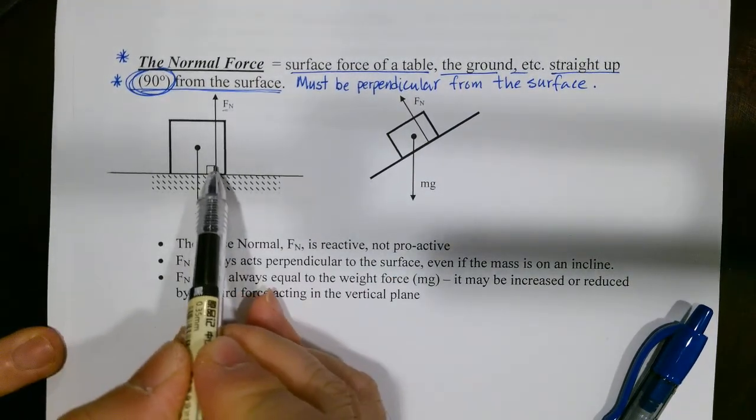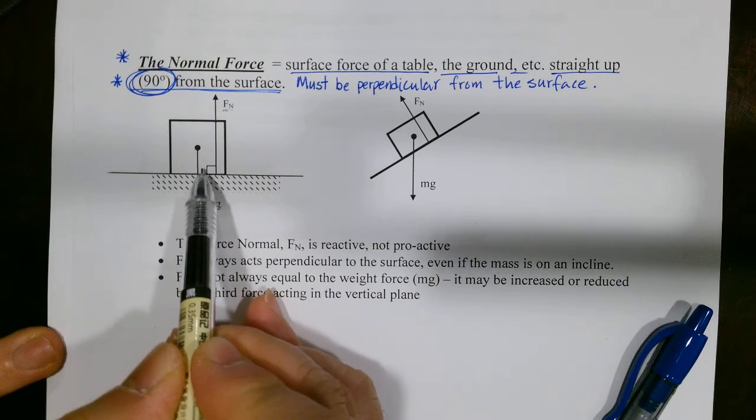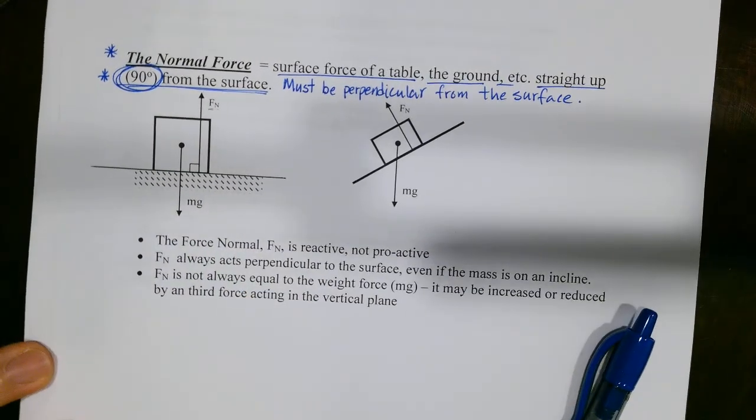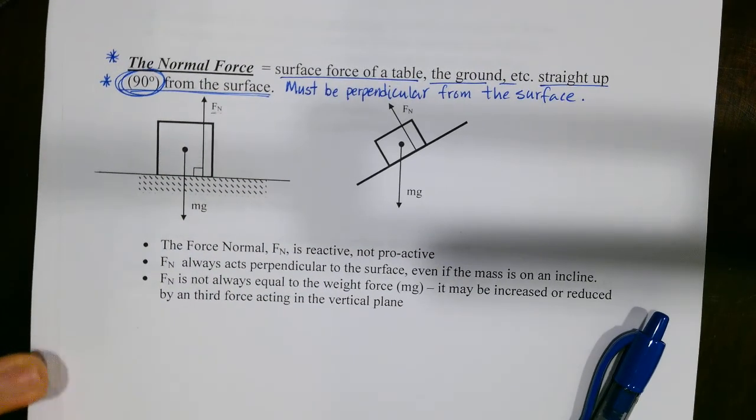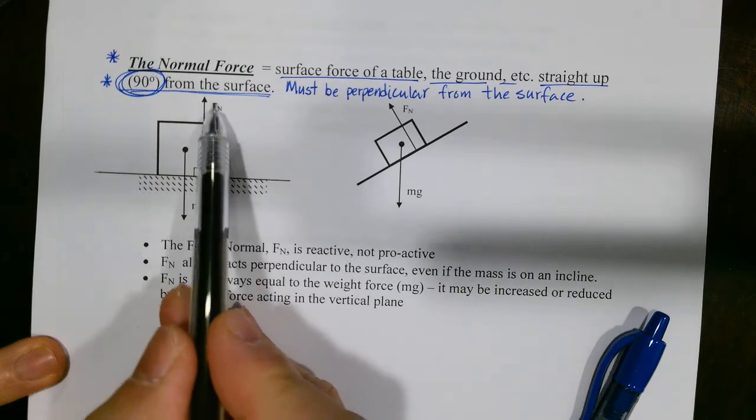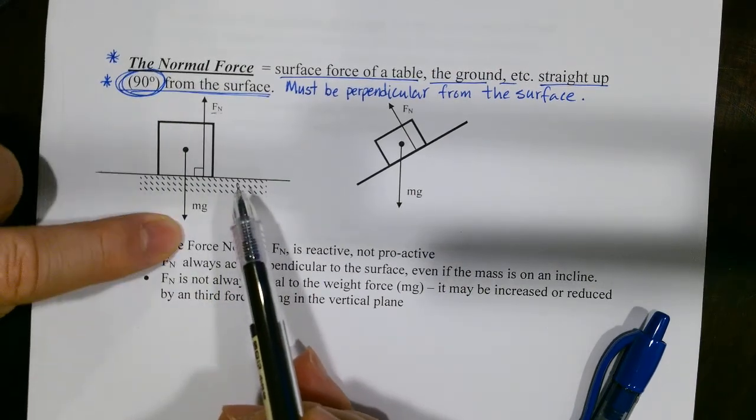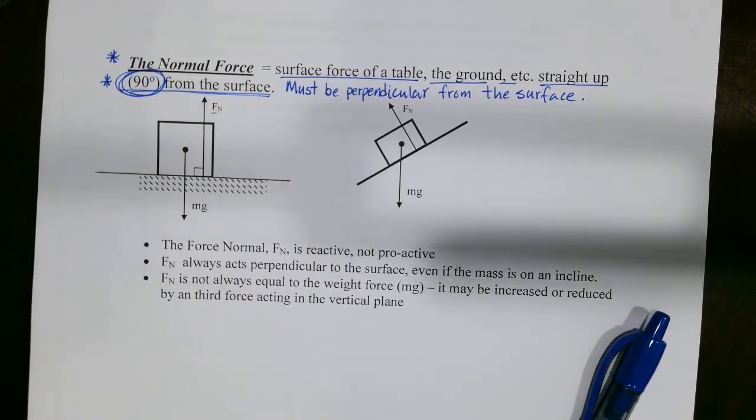Now notice this angle is 90 degrees from the surface. So this reacts to whatever the weight that is acting on this surface.